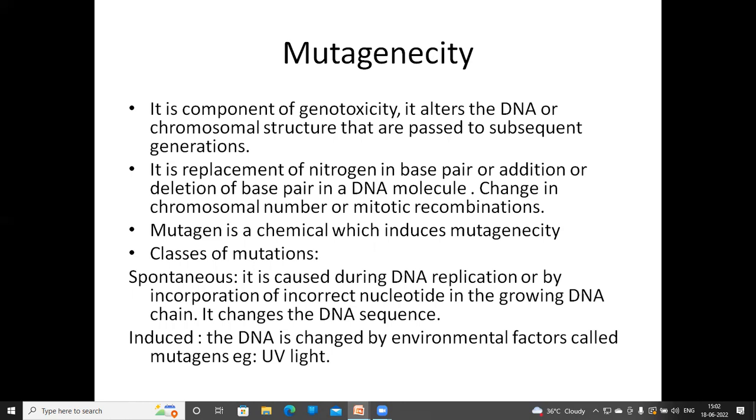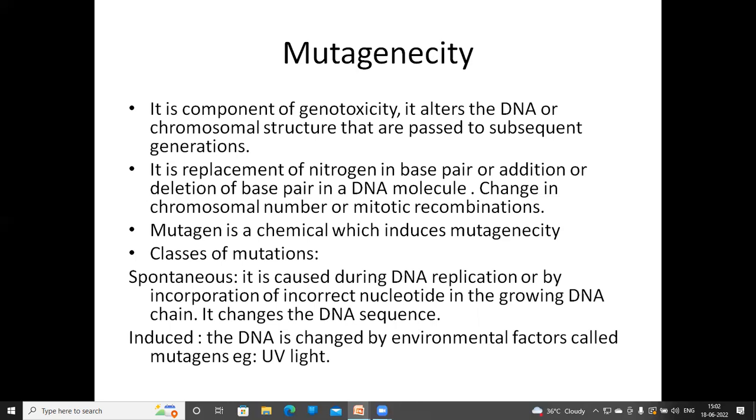There are mainly 2 classes of mutations. The first one is the spontaneous class of mutation, which is caused during DNA replication. When the DNA replication process is going on, it may occur by incorporation of an incorrect nucleotide in the DNA chain, which changes the DNA sequence.